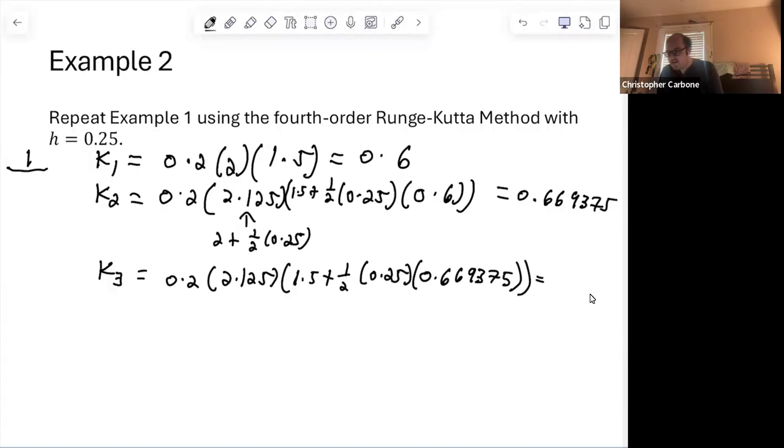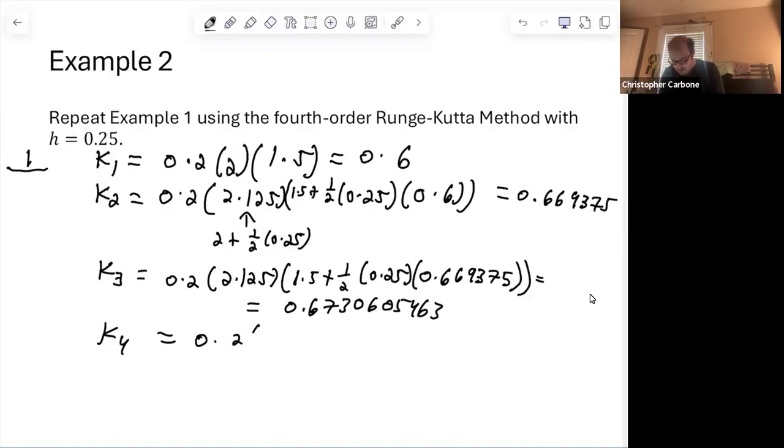And doing that is going to give k sub 3 as 0.673060546.